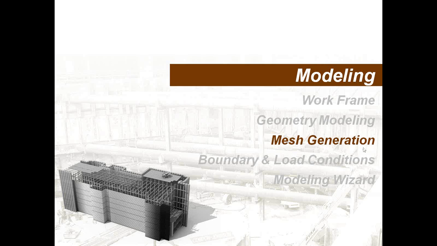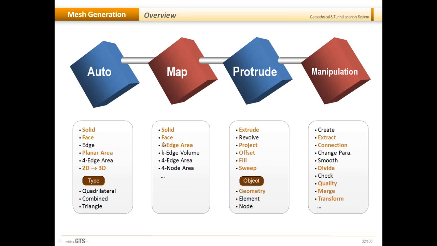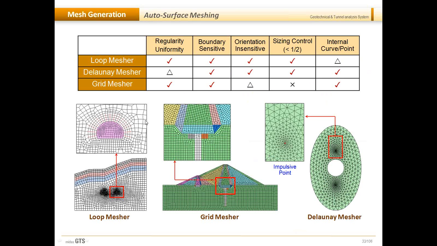So let's talk briefly about the mesh generation. MIDAS GTS provides different types of mesh generation, not only automatic but also map meshing, and different kinds of operations and manipulations on the mesh. You have different types of meshers as well: the loop mesher, the grid mesher, the Delaunay mesher, all of which can be considered.